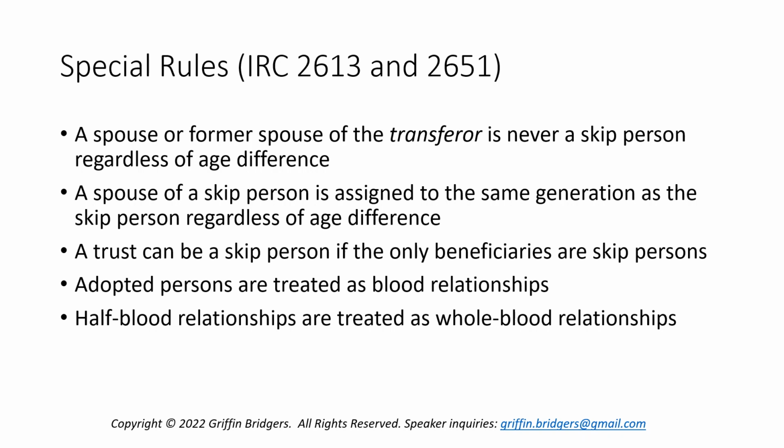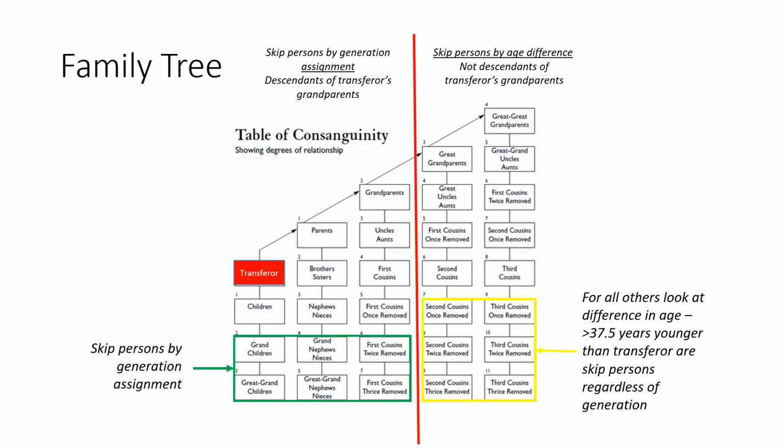Now, moving beyond that, what if you have somebody who's adopted or maybe is a half relation? Adopted persons are treated as blood relationships with respect to the transferor if you're on the left side of the table of consanguinity over here. So anybody on the left side, if they're adopted, is still potentially a skip person.